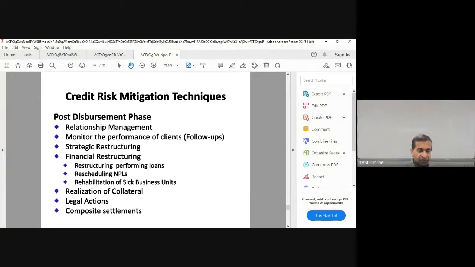So a certain amount of large loans can be handled by the branch manager as a relationship manager, and the next level of customers can be handled by the credit officer. And a large number of clients whose ticket sizes are very small, the retail customers, should not be handled very closely.